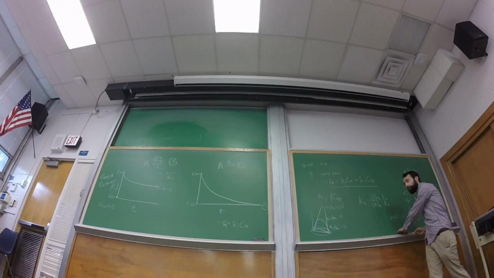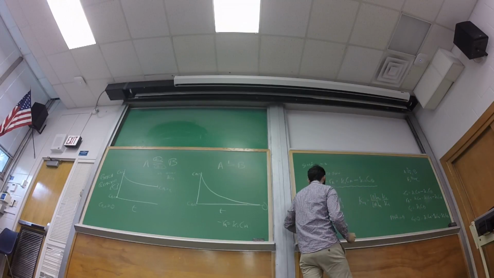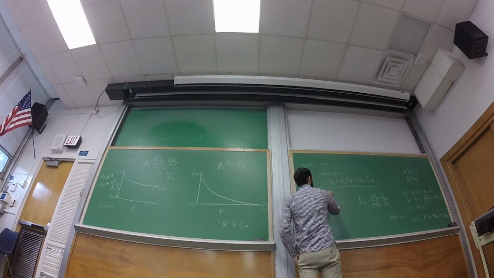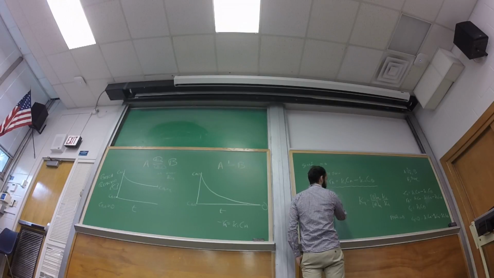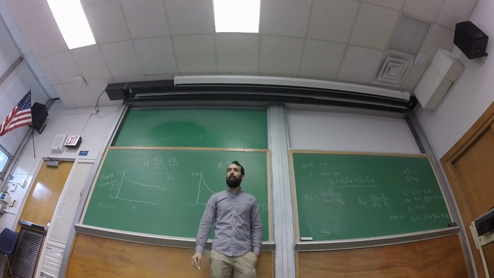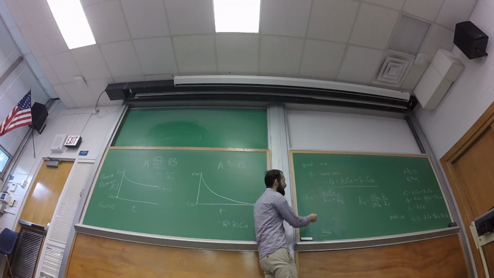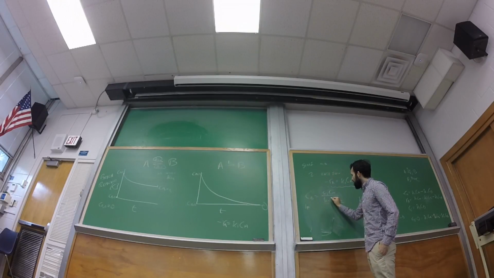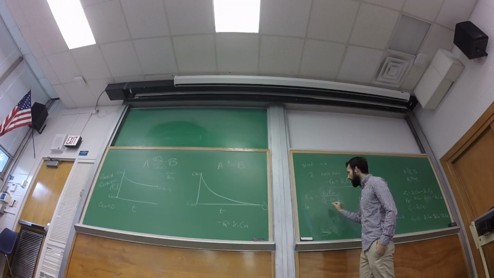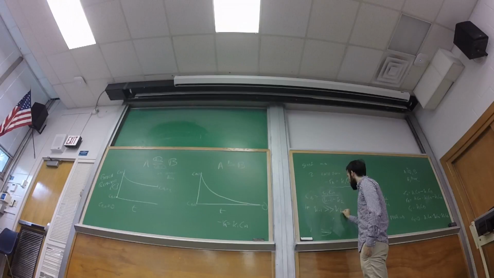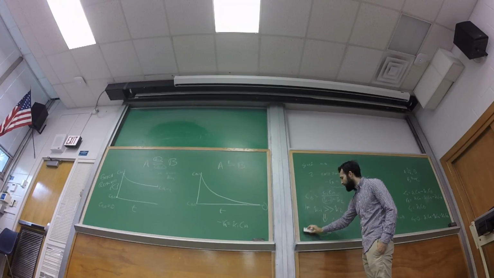And I can rearrange and solve for B, the concentration of B. And so then I can say that if k_-1 is much larger than k2, then what does that equation become?